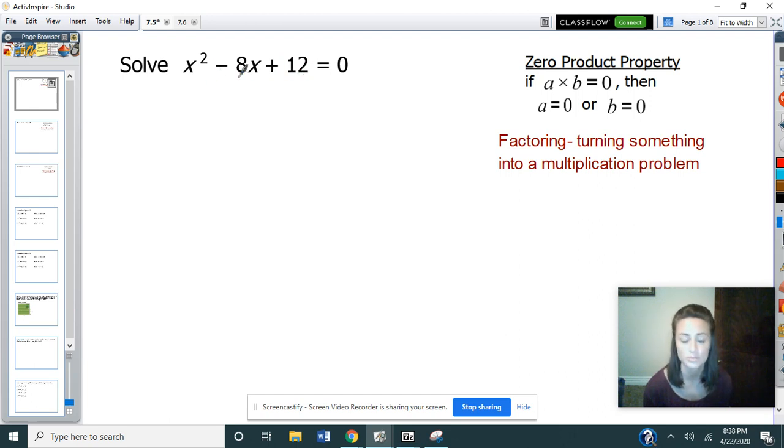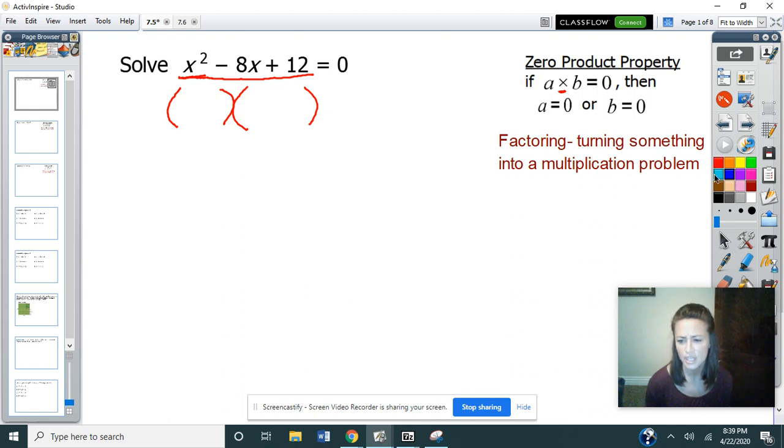This is not a multiplication problem, and we need it to be a multiplication problem in order to use the zero product property. So we have to turn this into a multiplication problem, and to do that, we factor. Remember, factoring is turning something into a multiplication problem. So we've got to turn this underlined part into something times something else.